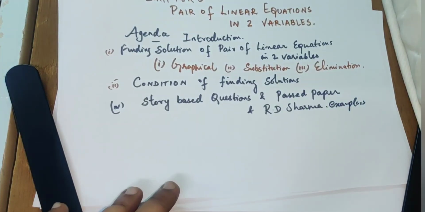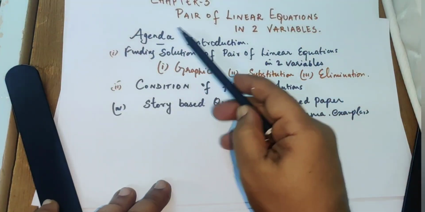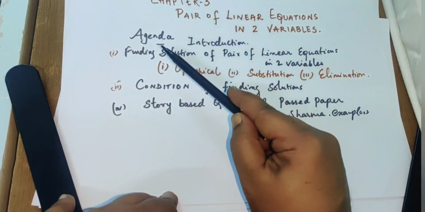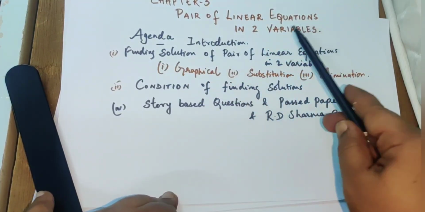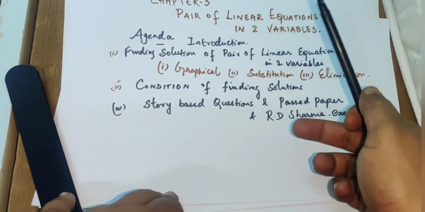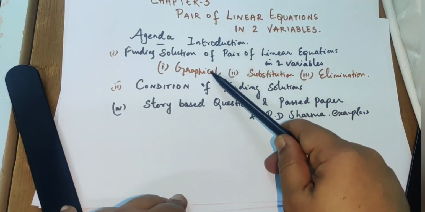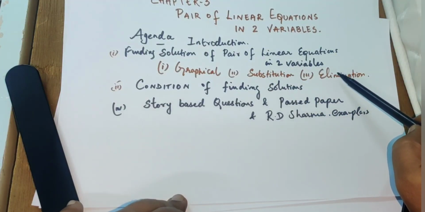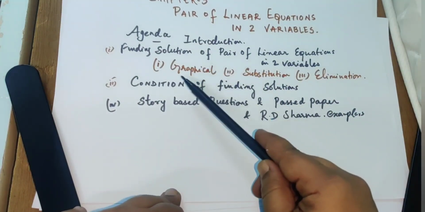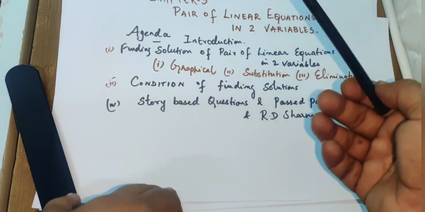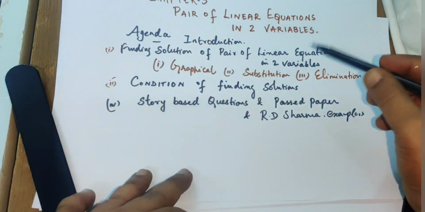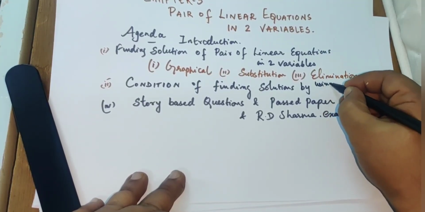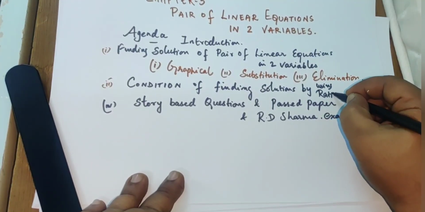So in this chapter, what are the things we are going to be discussing? First of all, agenda, introduction to pair of linear equation in two variables. Then finding solution of pair of linear equation in two variables. There are three forms of finding solution: graphical method, substitution method, and elimination method. And condition of finding solution, there are three ways: by using ratios of coefficients.